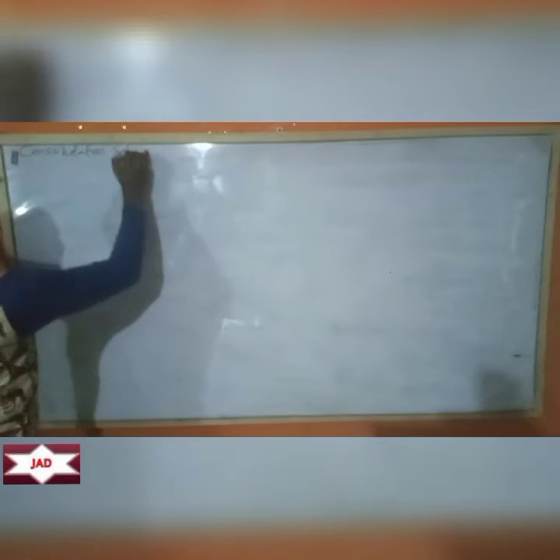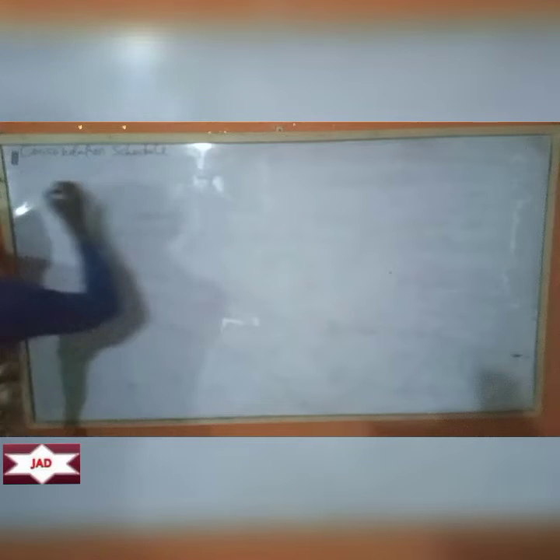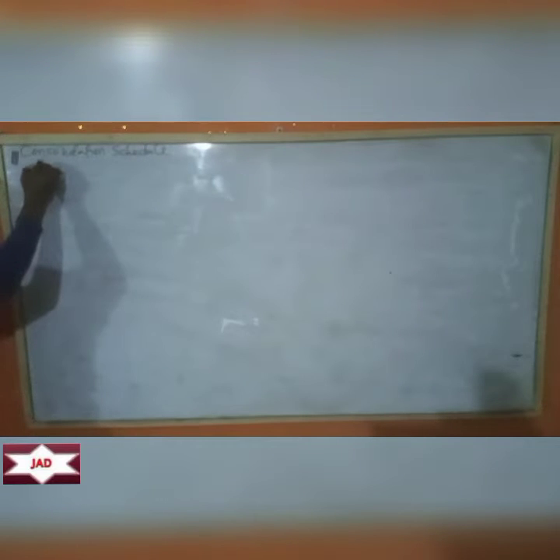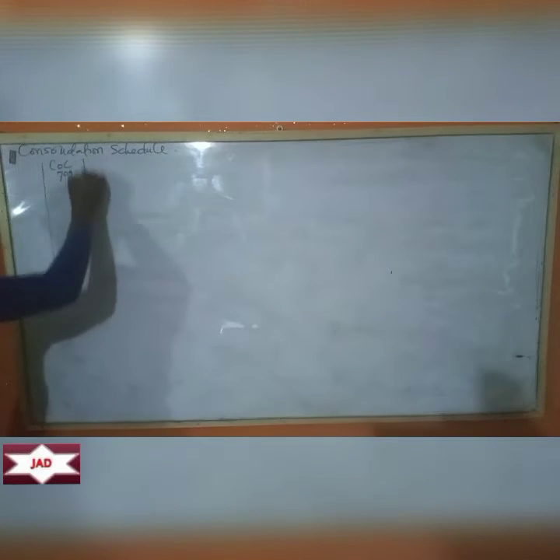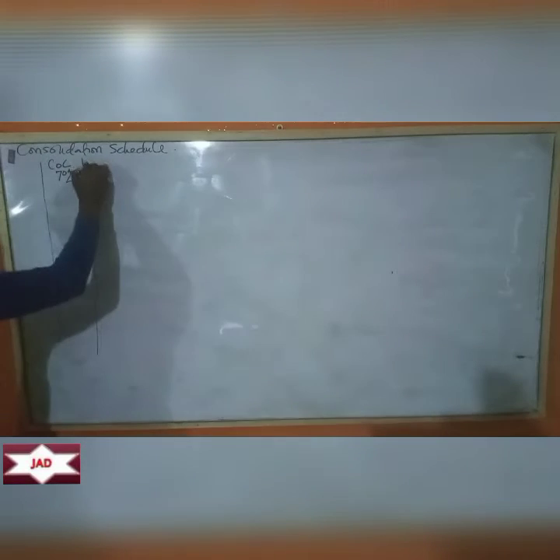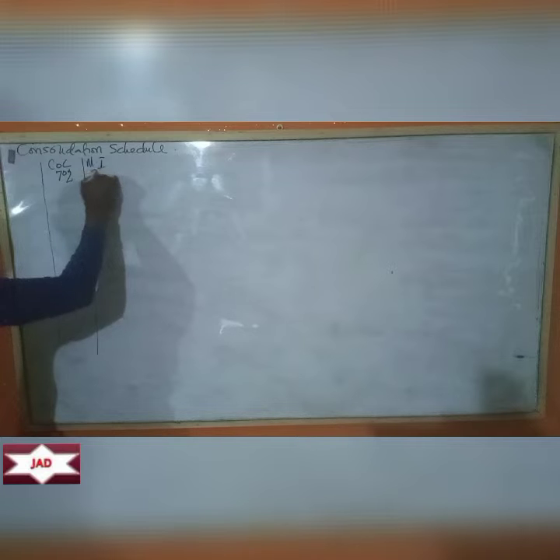Okay, so let's do what I want to do here. So we have cost of control, right? 70% according to the question. So minority interest will be 30%.